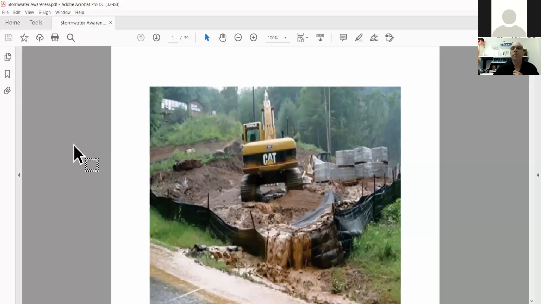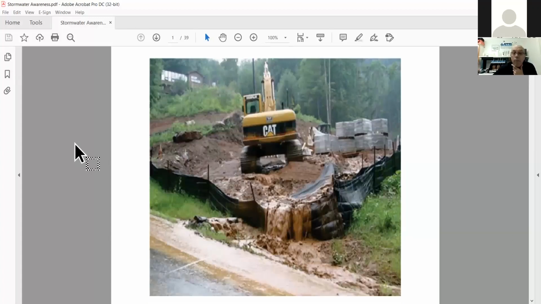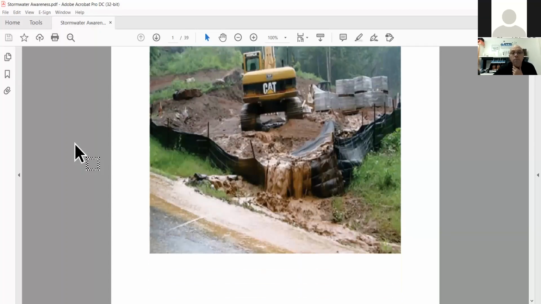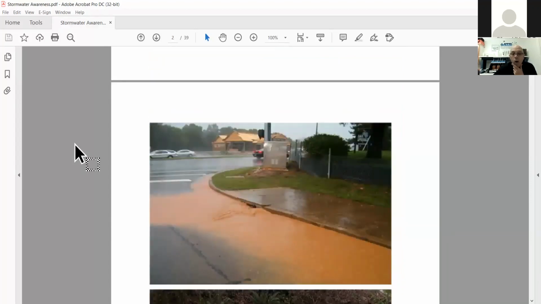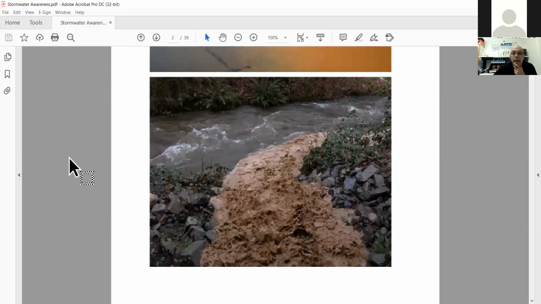There we go. This is a picture a lot of people may have seen before. It's an example of a BMP failure, a big failure. BMPs do fail, and when that happens, we end up with water running off of sites, maybe getting into storm drains like we see here. Then you have dirty water running into clean water.